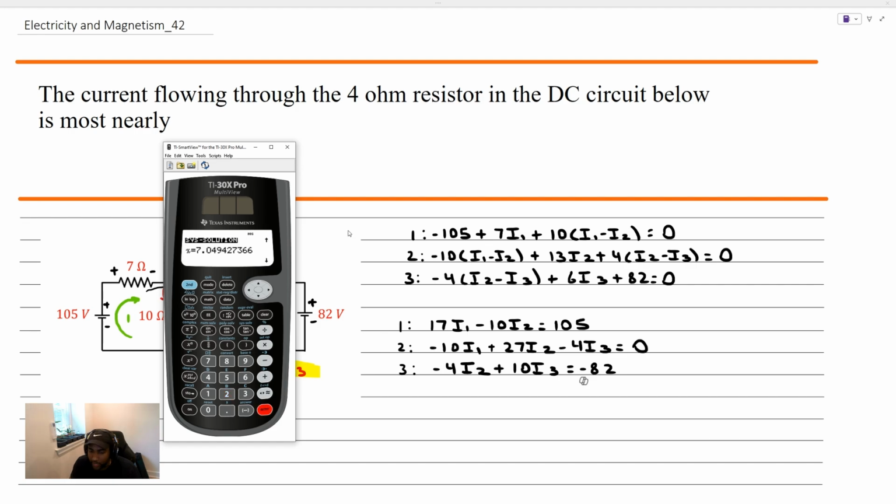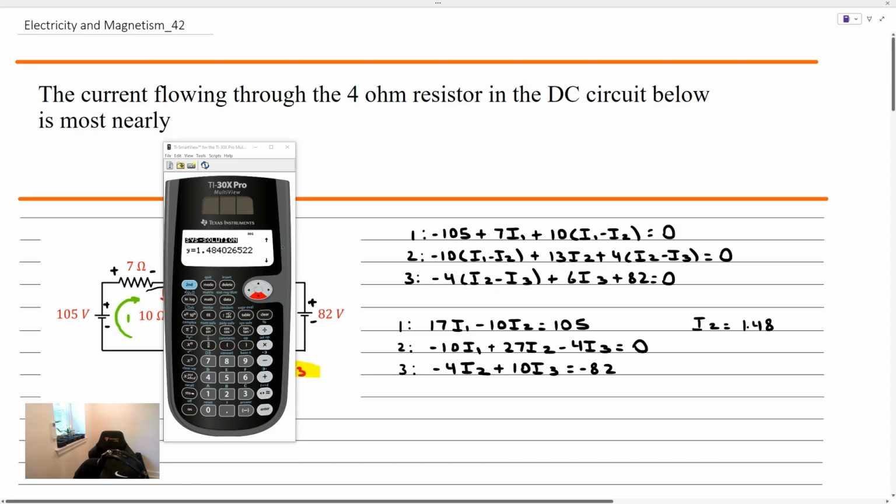We solve that. We have I1, I2, and I3. I really only care about I2 and I3 here. So I2 I have as 1.48 amps, and I3 is negative 7.6 amps.